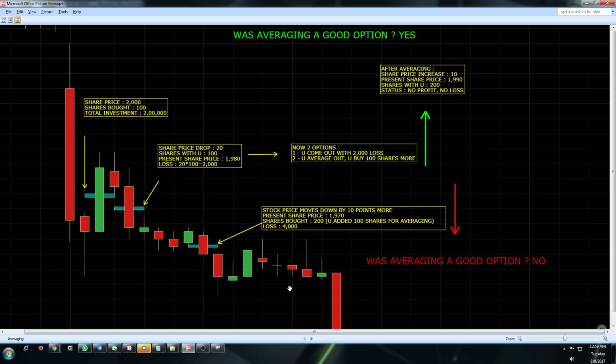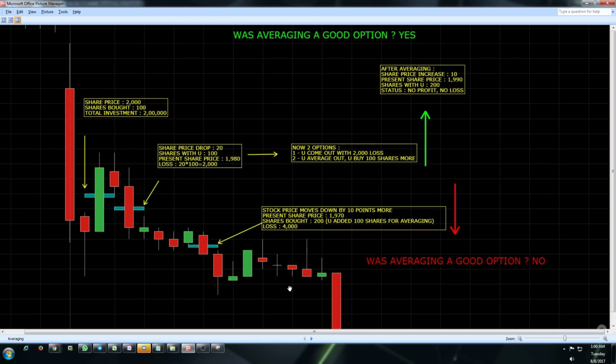Having said that, it's time for you guys to decide which way you want to be, but whichever way you choose, I will always hope that you are on the profitable side. Okay, so that's it, guys. This is what I wanted to discuss with you. I just thought of sharing this with you all so that the people out there can take the right stand for their trades and never get trapped in the wrong trades.